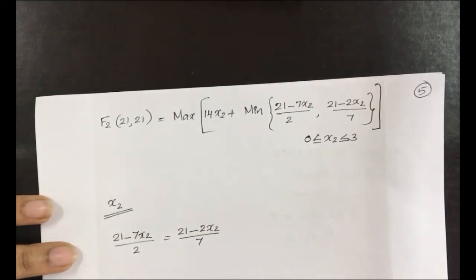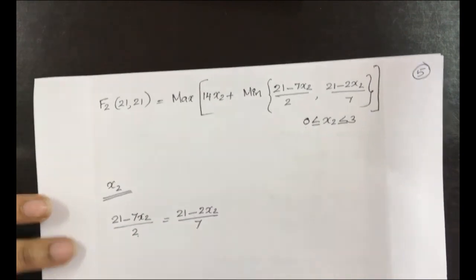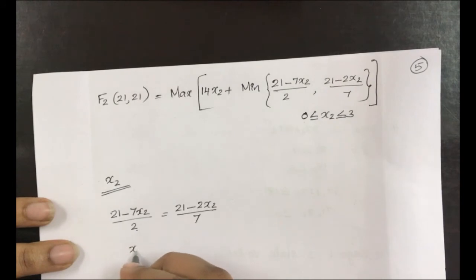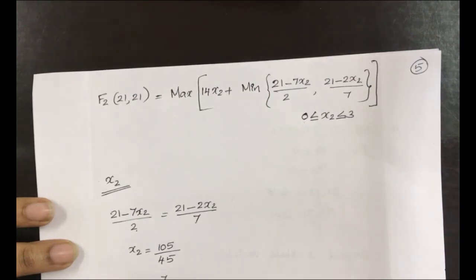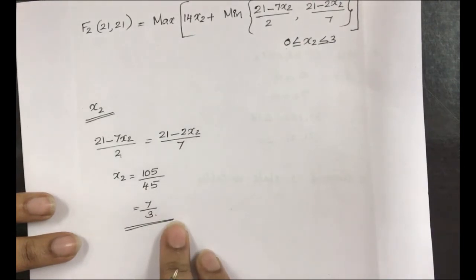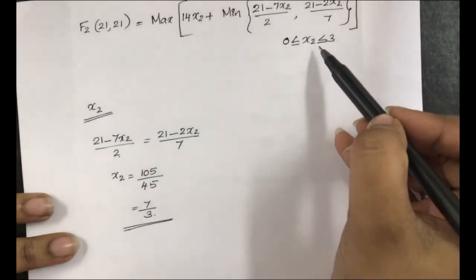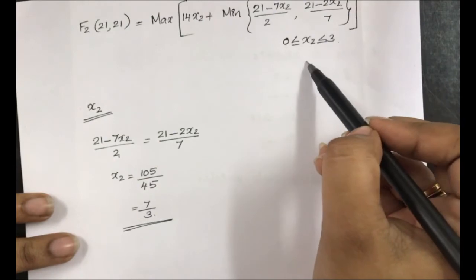That is an intersecting point. So (21 minus 7x2) by 2 equals (21 minus 2x2) by 7. By solving it, we will get x2 equal to 105 divided by 45, that is 7 by 3. 7 by 3 is 2 point something, a value less than 3, that is, it lies in between this region.